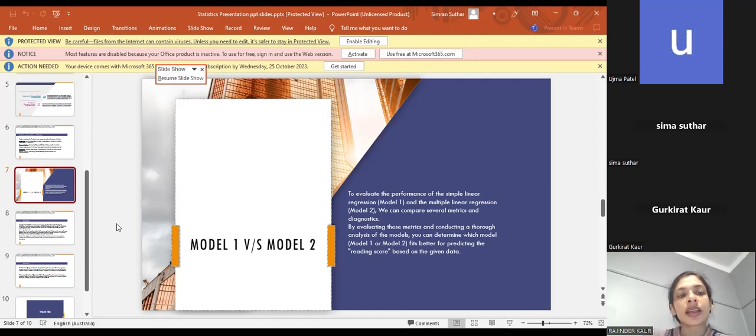Step 1 is to state the null hypothesis H0 and the alternative hypothesis H1. Step 2 is to set the significance level to 0.05. This determines the threshold below which the p-values must be in order to reject the null hypothesis. Step 3 is to perform the hypothesis test. Step 4 is to interpret the results. Now we can discuss the next slide with Gurkirat Kaur.